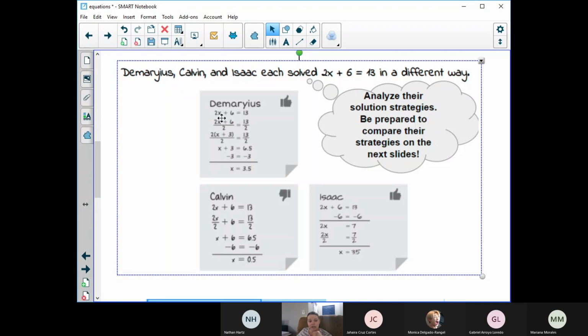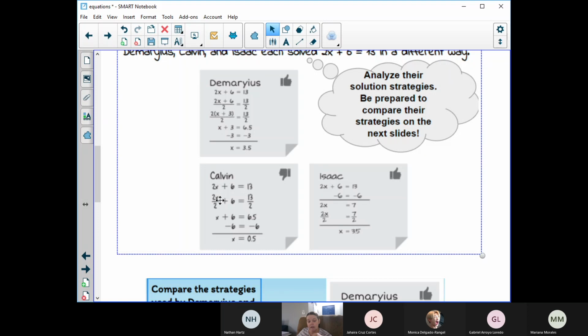So if we look at Demarius' strategy, he divided by 2 first, and then after he divided by the 2, he was left with x plus 3 equals 6.5, and undid the plus 3 by subtracting 3 from both sides, and got x equals 3.5. So he divided everything by 2, subtracted 3, ended up with 3.5.